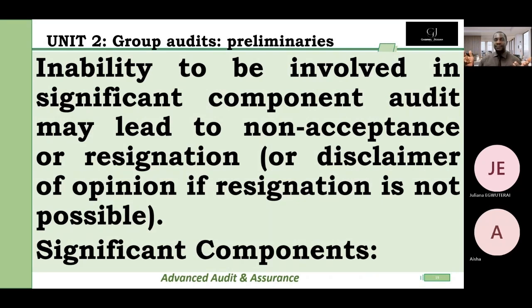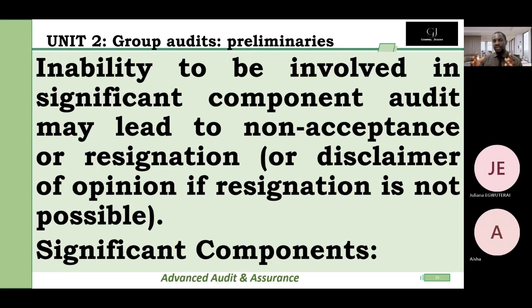If you cannot get involved in the work and they just provide you with evidence and you have not tested it, it may lead to non-acceptance because you can't validate what has been done at the component level. You may also choose to issue a disclaimer of opinion if resignation is not possible.